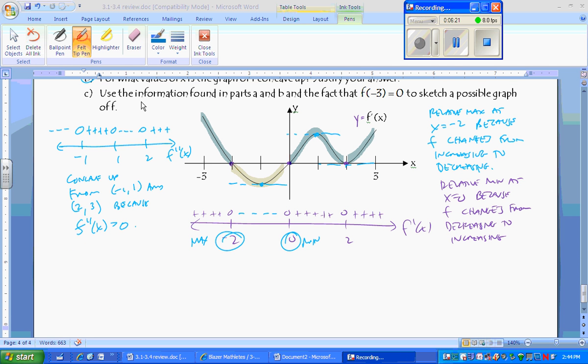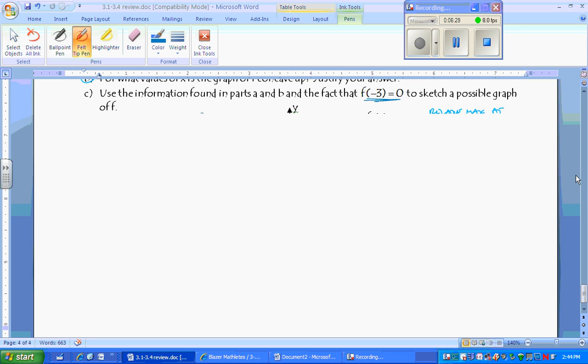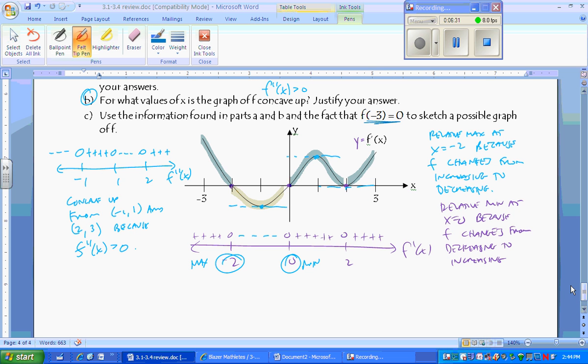Alright, last part here asks us to sketch a graph, and it tells us f of -3 is 0. So we're going from -3 to 3, and our starting point here is at 0. Now the y values don't matter so much here.